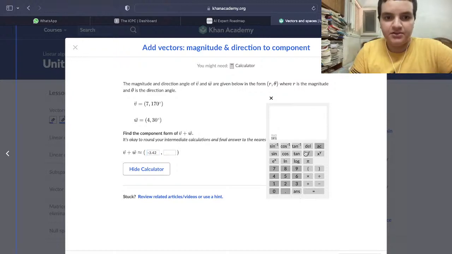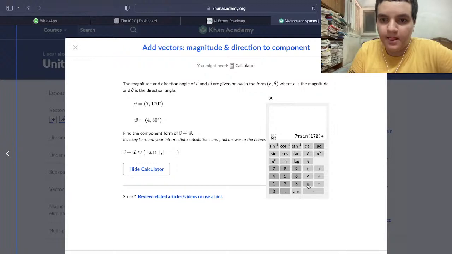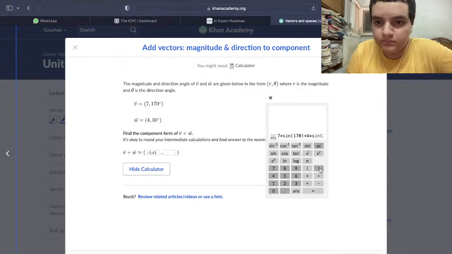Now we do that and say 7 by sine 170 plus 4 by sine 30. 3.21.